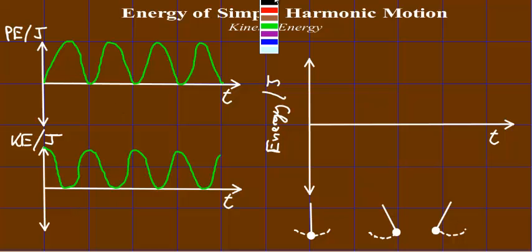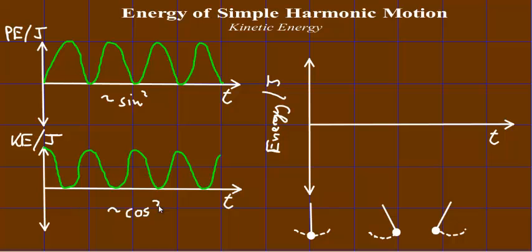We started at the equilibrium position. So if the position goes as the sine, then the potential energy is going to go as the sine squared, and the kinetic energy is going to go as the cosine squared. So that's what you see here.